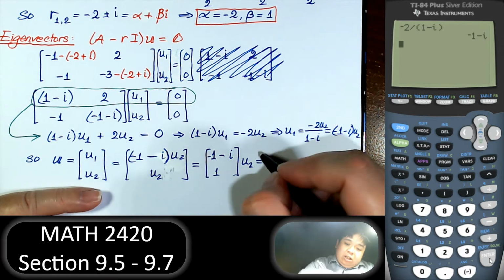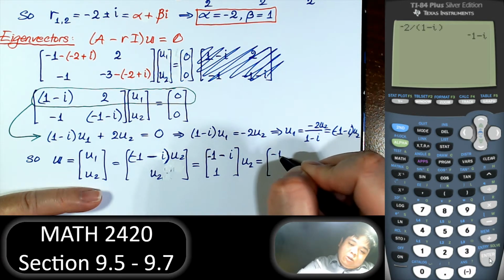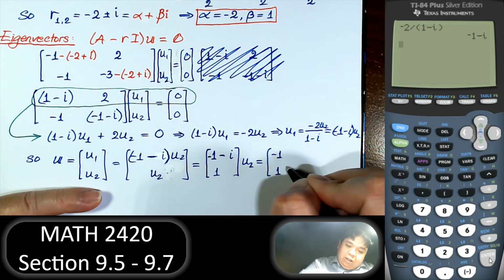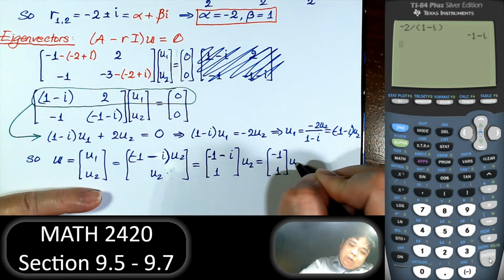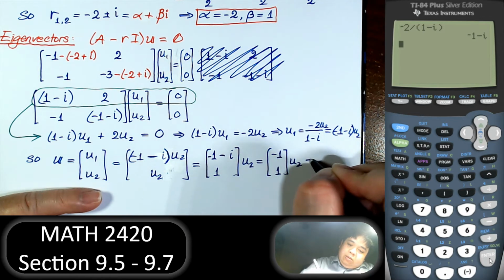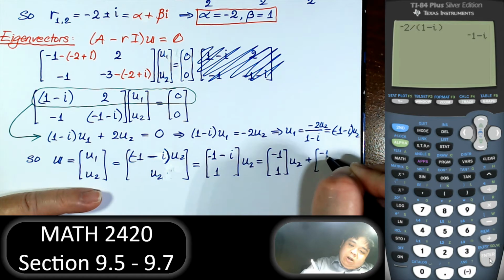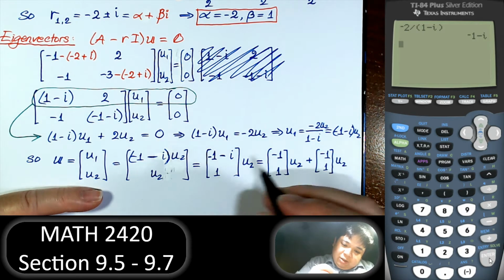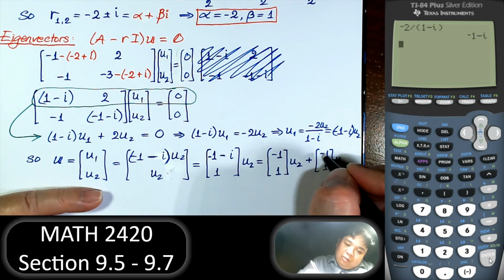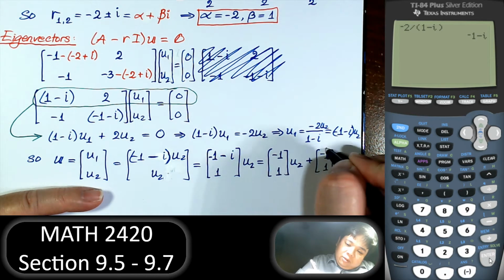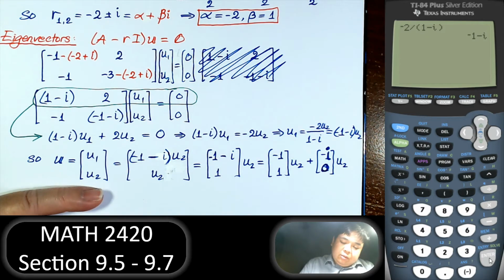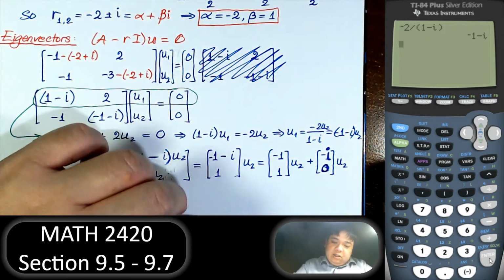Then we can split into -1 times 1 times u2, plus -1 and 1 times u2. There's an i somewhere, right? Sorry, we split this.